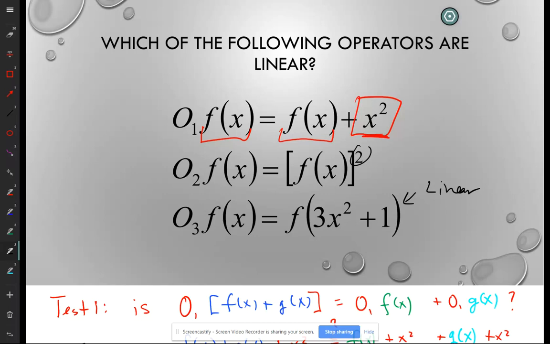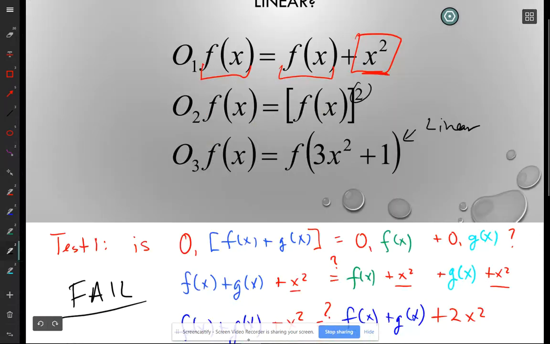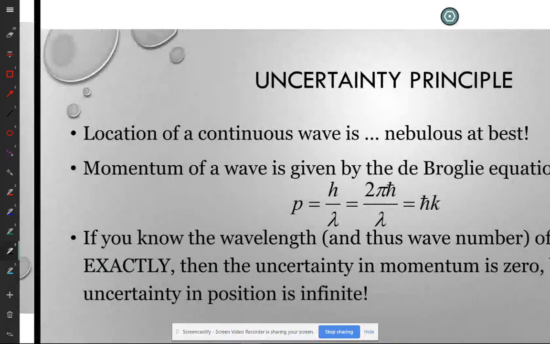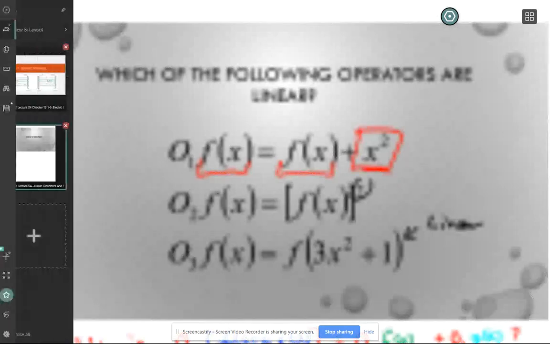Okay, picking up where we left off last class period, we had checked this function here to see if it was linear. So we'll go on to the next one now. We're going to take the second one that has the square.